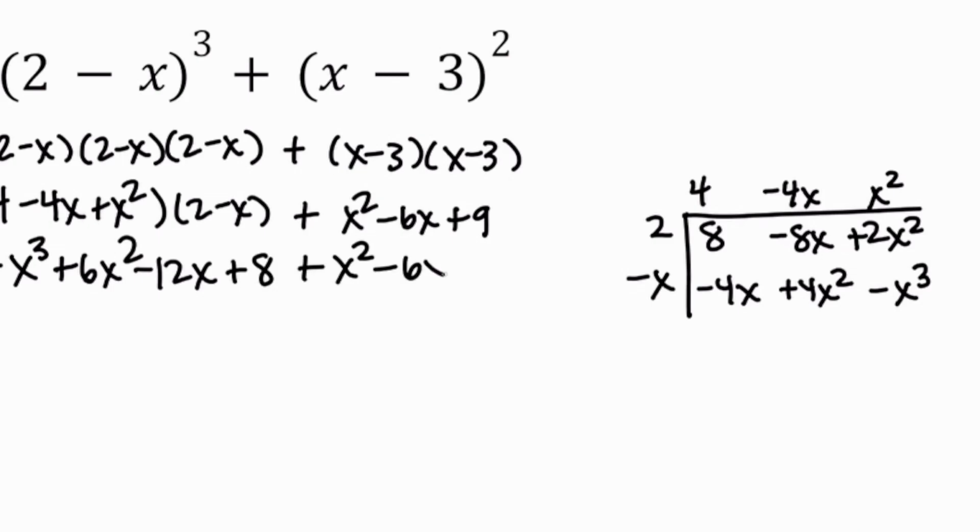Add an x squared, a negative 6x, and a positive 9. Okay, so the only x to the 3 is that negative 1 there. So in x squareds, I have positive 6 and another one. That's a total of 7x squareds.